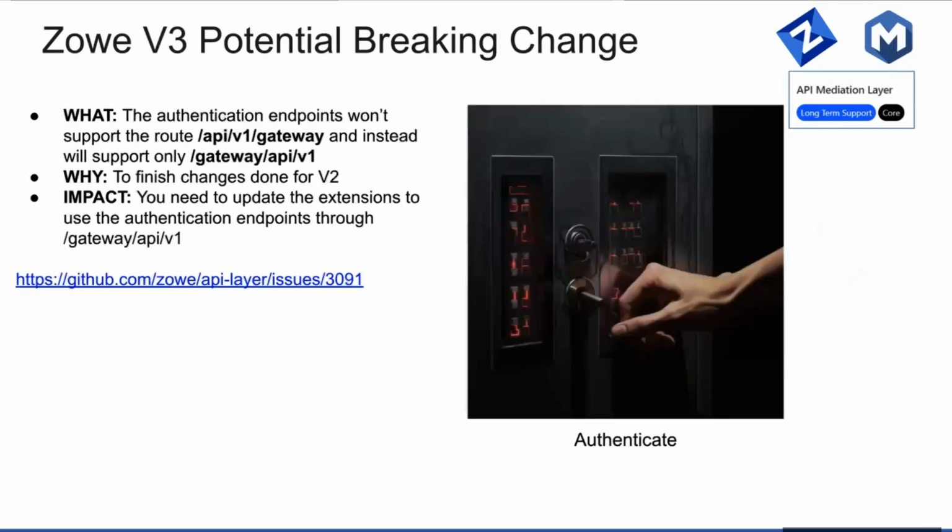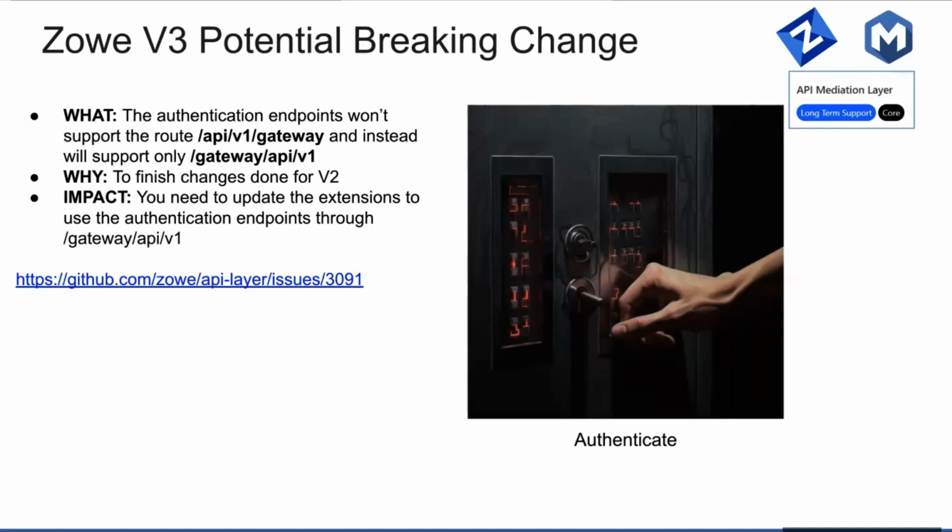The next topic was already happening with the transition from V1 to V2. Originally we removed the auth endpoint from the /api/v1/gateway route because we were changing throughout version 1 to a path that starts with the service ID instead of the service ID being at the end, as it seems to be more common among the service providers.